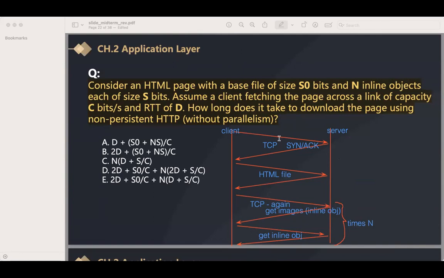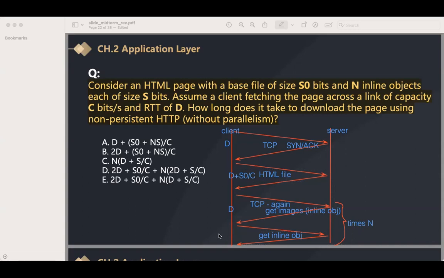So now we can do the calculation. For the first part, we have established the TCP connection, which is the RTT equal to d, right? And in here, we also have a d. And what's the value of this? We will have d plus the file size, s0, divided by the bandwidth, the capacity, which is c.